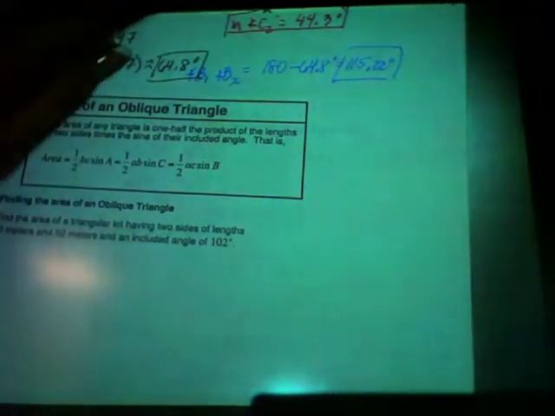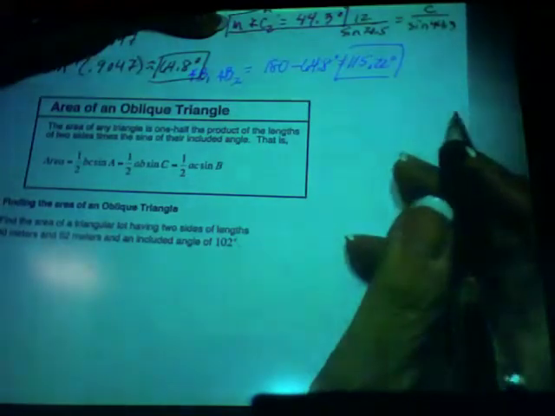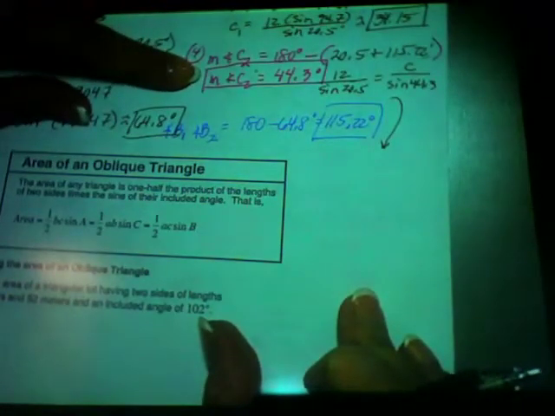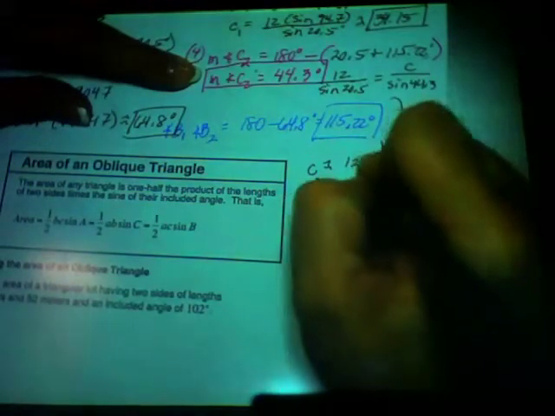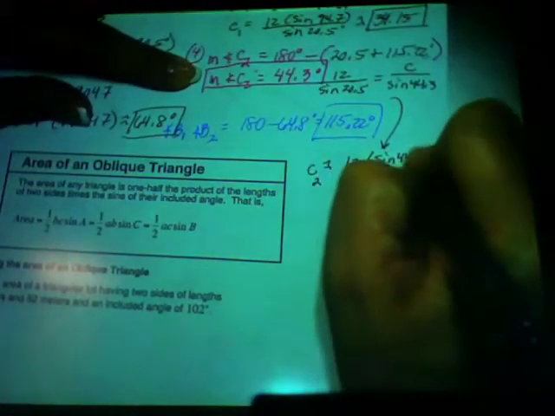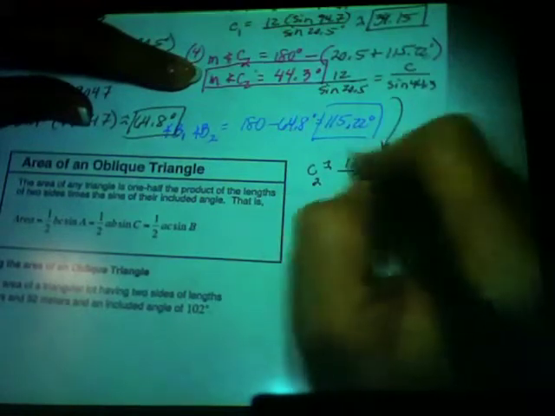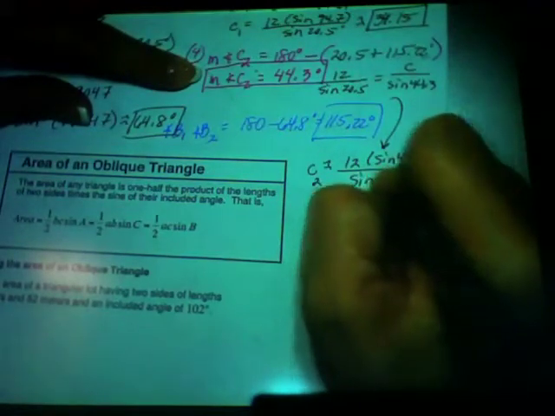I'm going to try to squeeze it in here. We're still using 12 over the sine of 20.5 is equal to C over the sine of 44.3. So move it down there. Oh, you couldn't see that. Sorry, there it is. And so C is approximately equal to C sub 2. If I cross multiply, I've got 12 times sine of 44.3 divided by sine of 20.5.